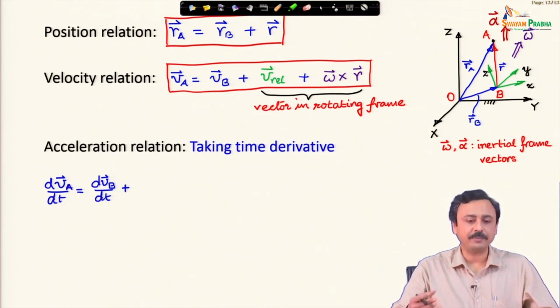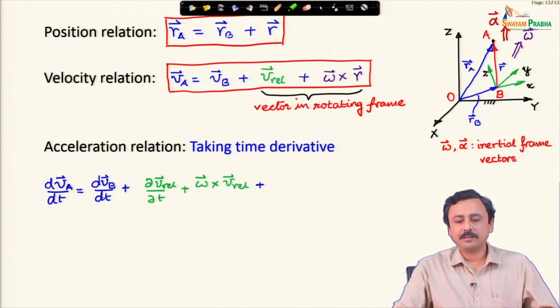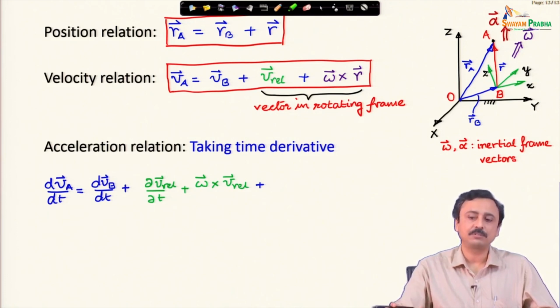And we had time differentiated the velocity vector to find the acceleration vector. The first term, d dt of V A, is the acceleration of A, d dt of V B is the acceleration of the observer B. Then for V rel, the total time derivative as seen by an inertial observer is given by this prescription, del V rel del t plus omega cross V rel.